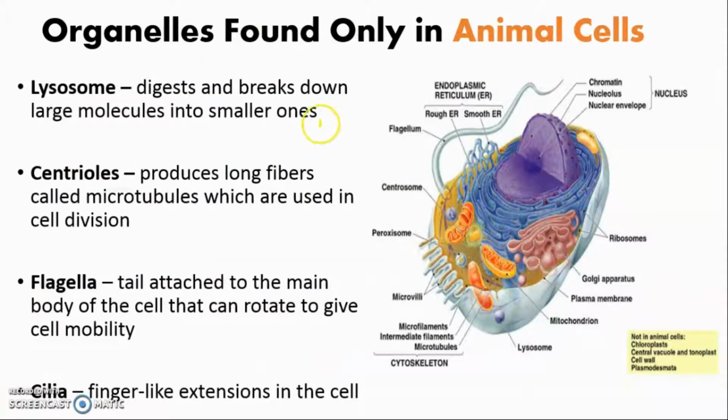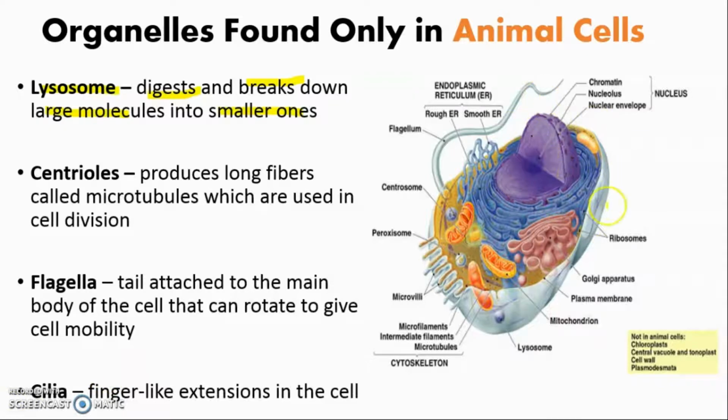Now, for the organelles found only in animal cells, we have first the lysosome. The lysosome digests and breaks down large molecules into smaller ones. It's like the digestive system of the animal cell.